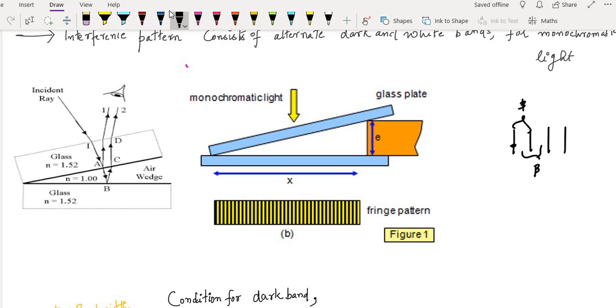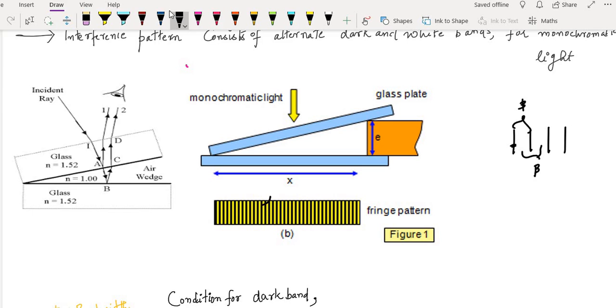For normal incidence, we use a wooden arrangement with a glass sheet so that light is incident normally on the air wedge, and we can see a beautiful pattern and measure the bandwidth. When a monochromatic source of light is incident, we get a fringe pattern with alternate dark and bright bands.